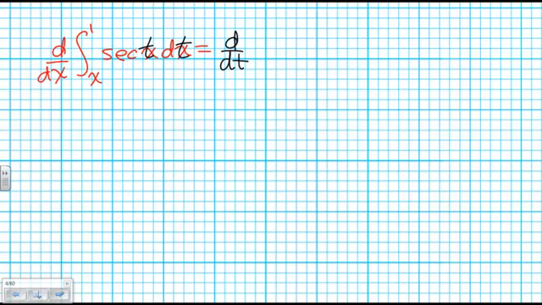If we change the order of integration, we can do that as long as we multiply by -1. And you know what?